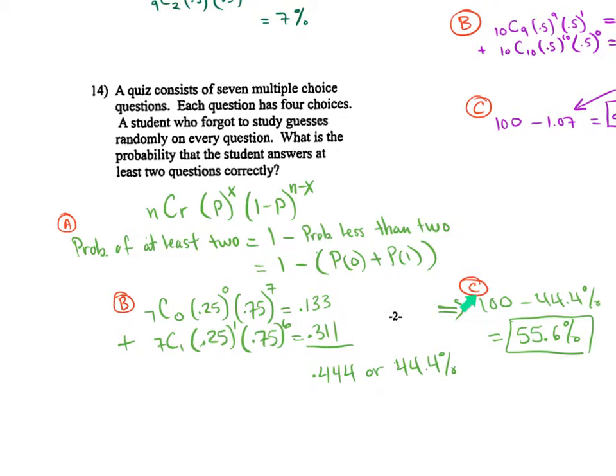And then in part C here, we will subtract from 100. So 100 minus 44.4% gives us the probability of 55.6%. That's the probability that the student answers at least two questions correctly.